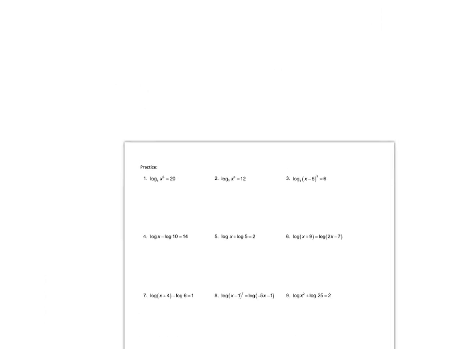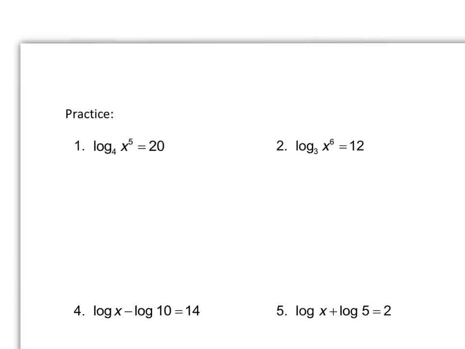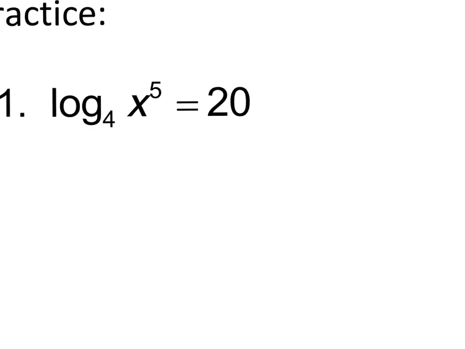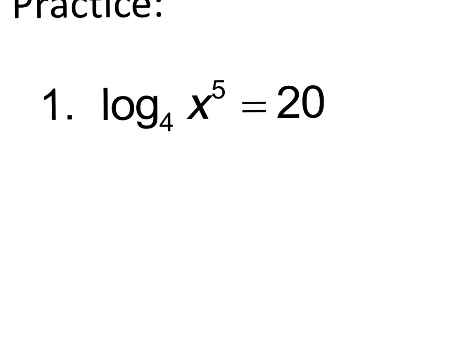So looking at problem 1. Let's start with problem 1. I have the log base 4 of x to the 5th equals 20. Thoughts? We can rewrite it in exponential form.